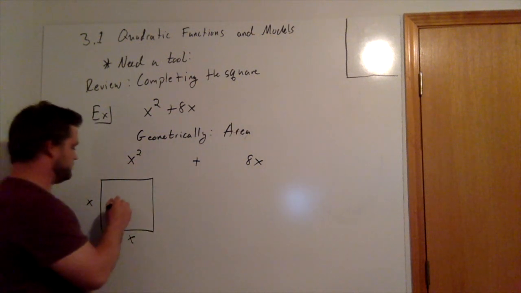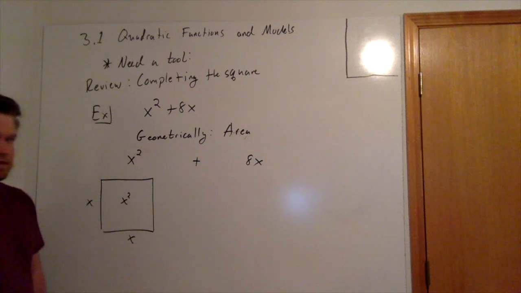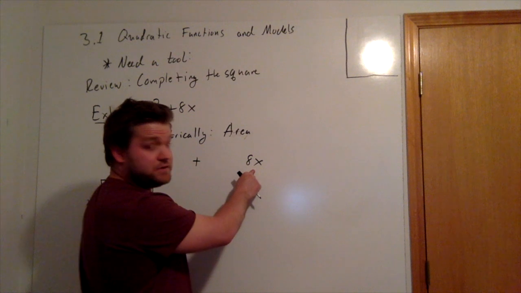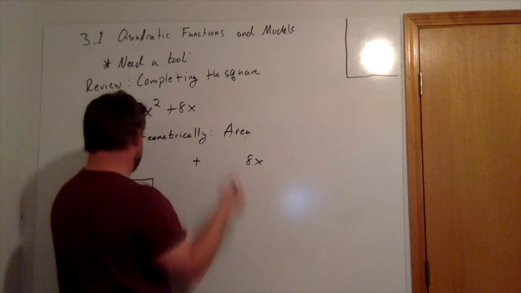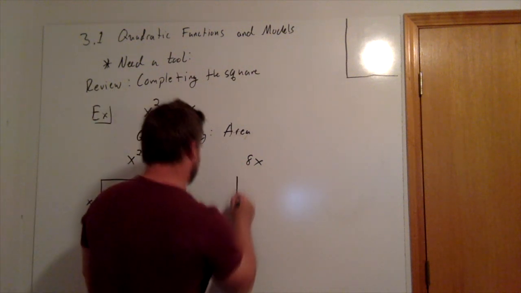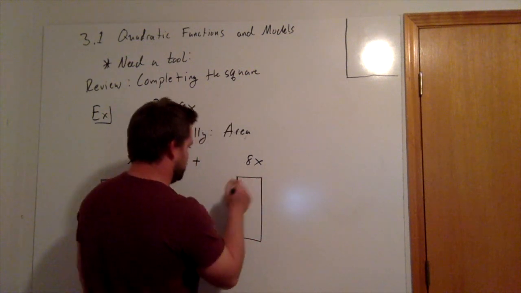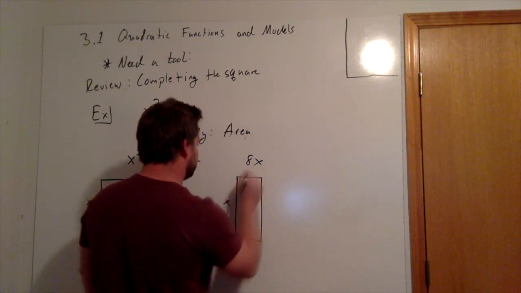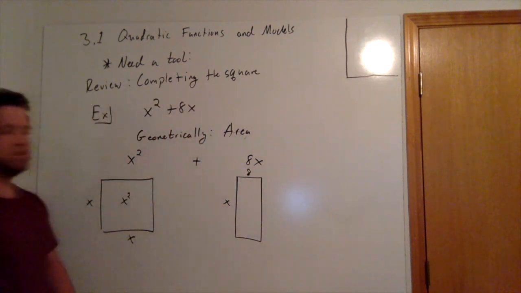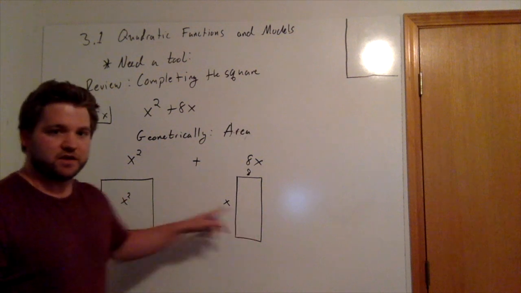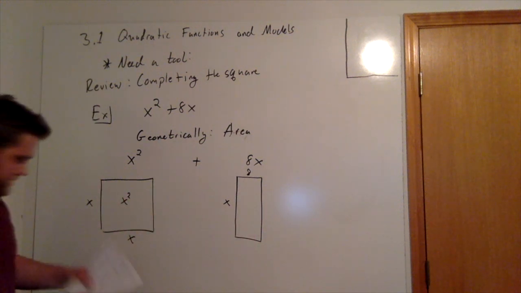So the area of this is x squared. And this 8x piece is going to be a box that's 8 by x. So let's go ahead and draw that. This will be a rectangle, x by 8. So geometrically we're adding the area of these two different rectangles.